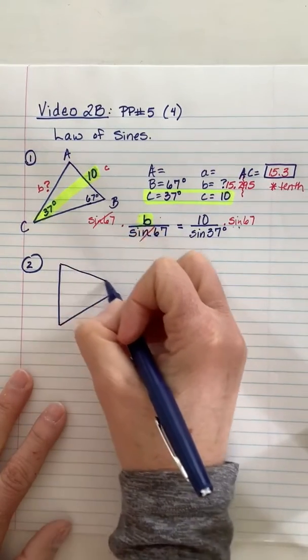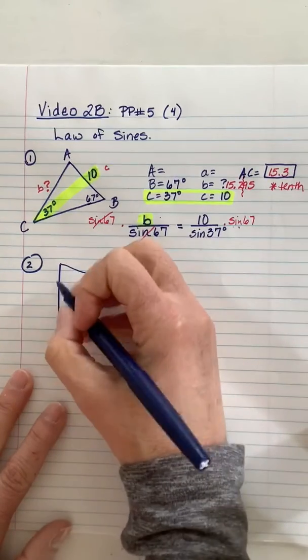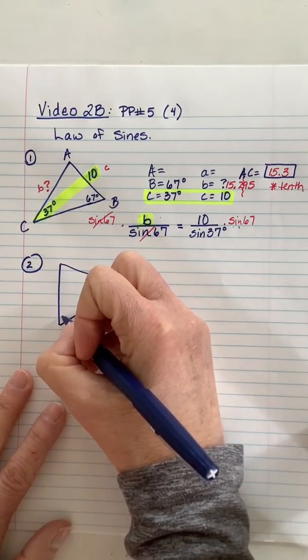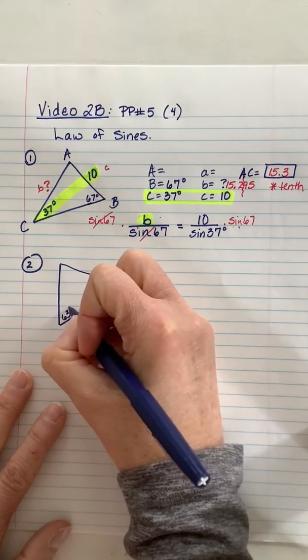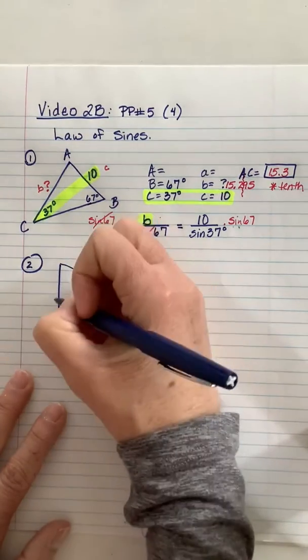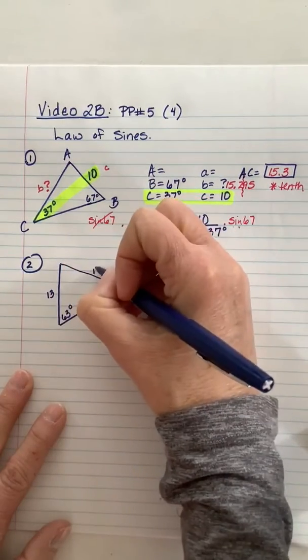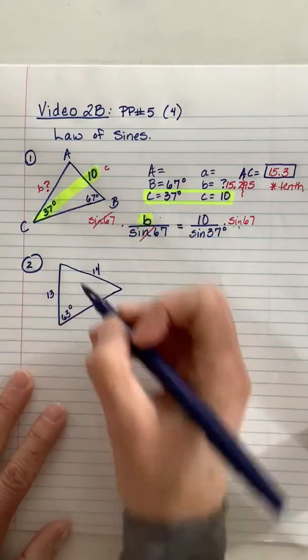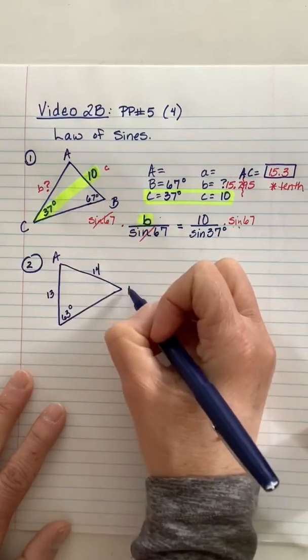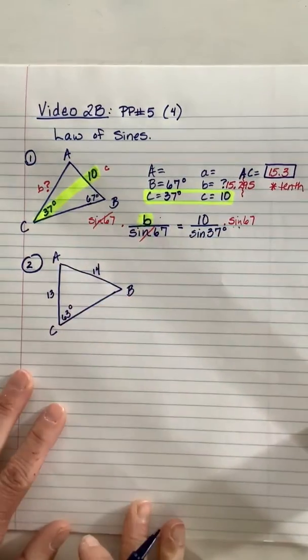Okay, so let's say we have something like this. That looks awfully equilateral, sorry. Okay, so what if I go with 63 degrees here, and then let's say I've got 13 and 14, and let's call this A, B, C.